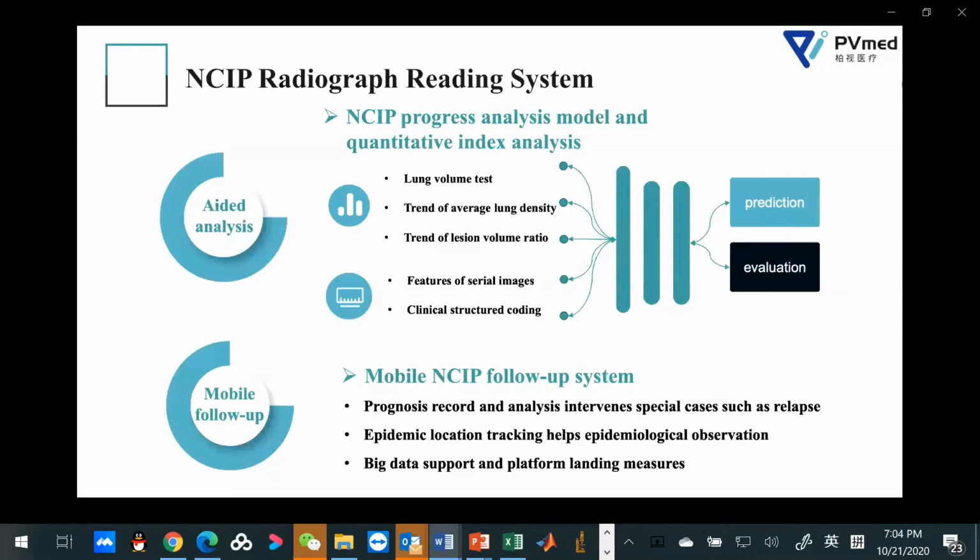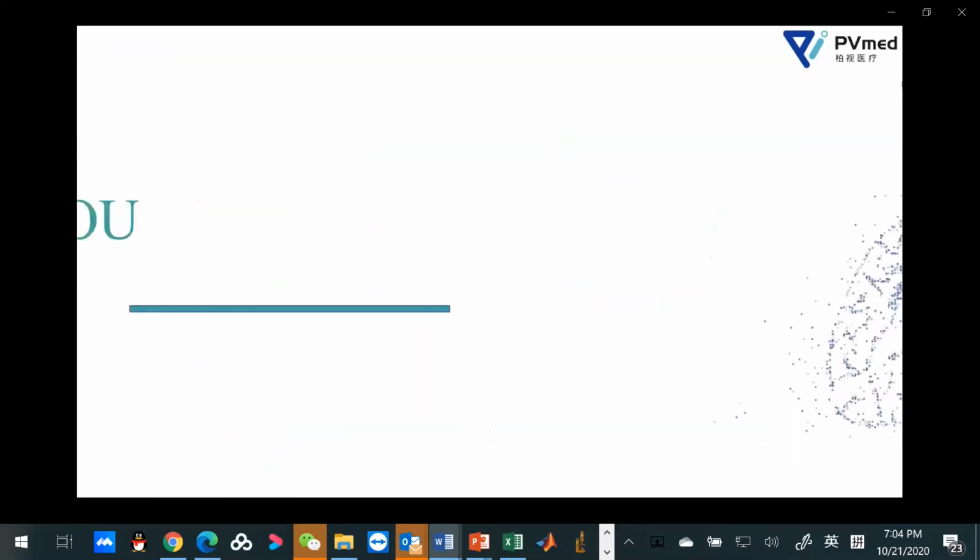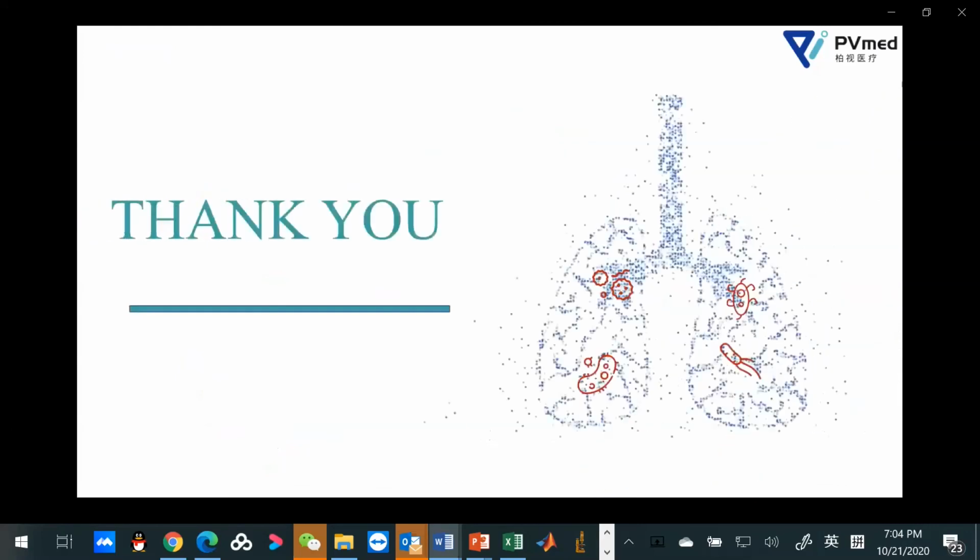All of these analyses can be structured in a clinical case report, and doctor and patient can easily access the analysis results and feedback of the latest situation. Moreover, we can also apply big data analysis based on the NCIP diagnosis system. I think that it will help prevention and control of the epidemic. Thank you very much.